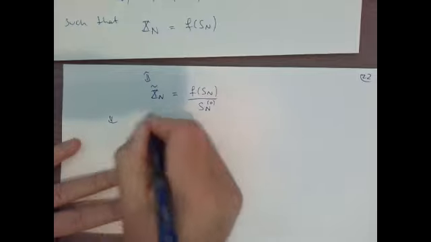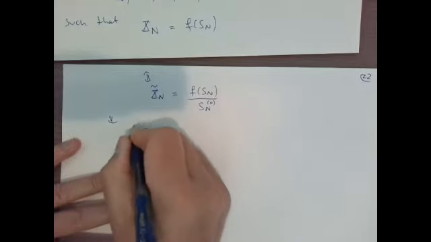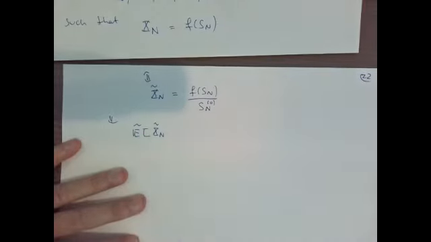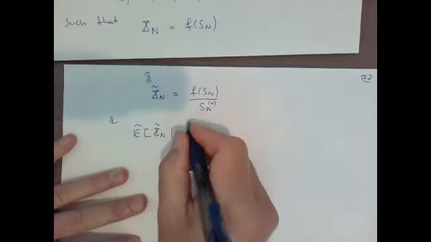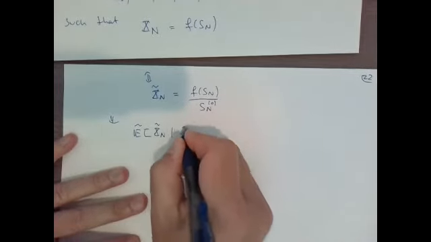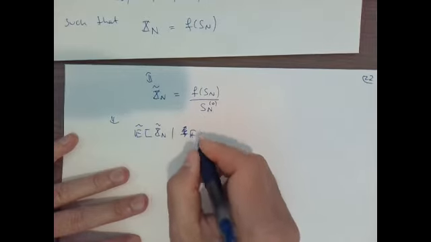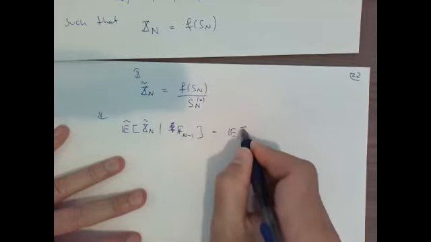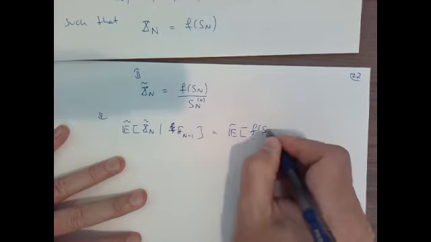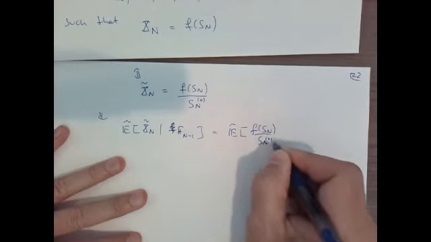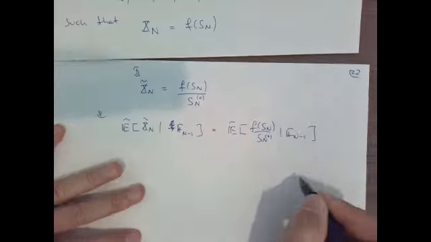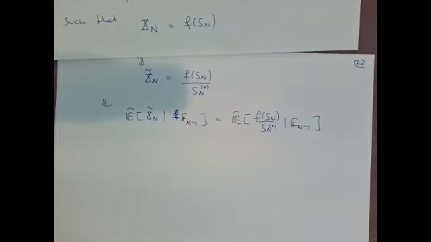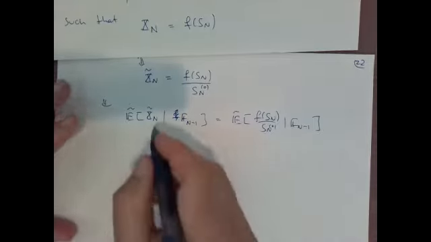And then if I have that, this is going to imply that the expectation under P tilde of xn over Sn0, given Fn minus 1, is the same as the expectation of f of Sn divided by Sn0, given Fn minus 1. If I have this property, I can pull it back once, and then I can use it as a martingale.